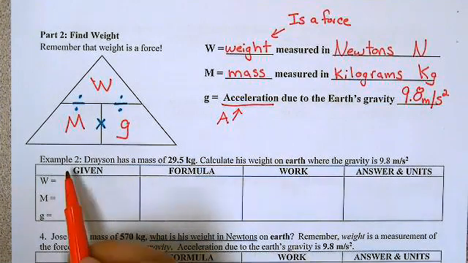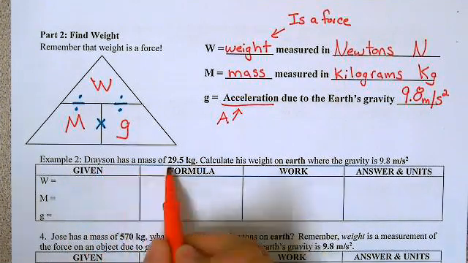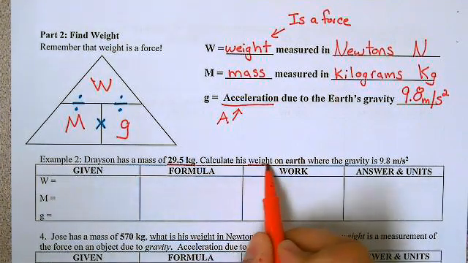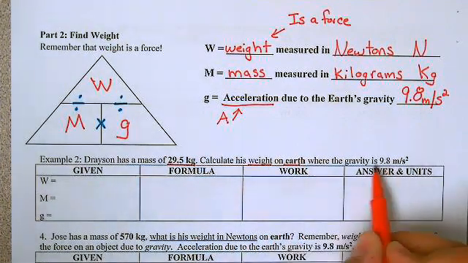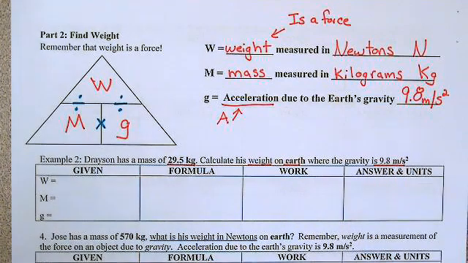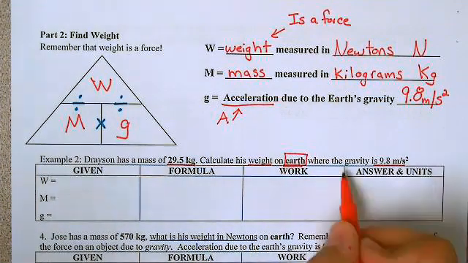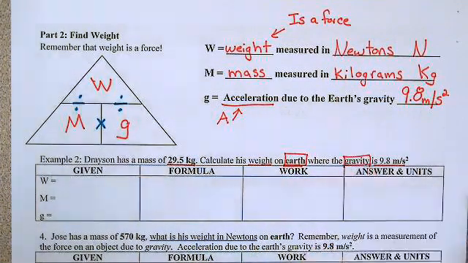Okay, so example 2 says, Drayson has a mass of 29.5 kilograms. Calculate his weight on Earth where the gravity is 9.8 meters per second squared. So for these problems, it is very important to know where we are, because the gravity in different places can change.